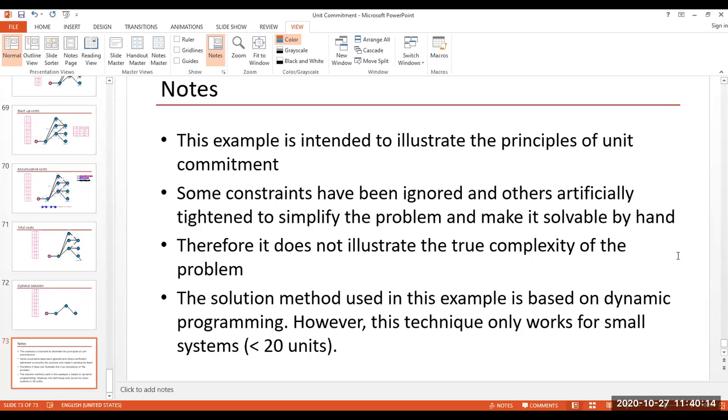We have not considered any statistics or probability associated with the load demands. We have assumed that we know the load demand perfectly, that it is 100% certain that in the next hour the demand will be, let's say, 200 megawatt, and in the next hour 300 megawatt.